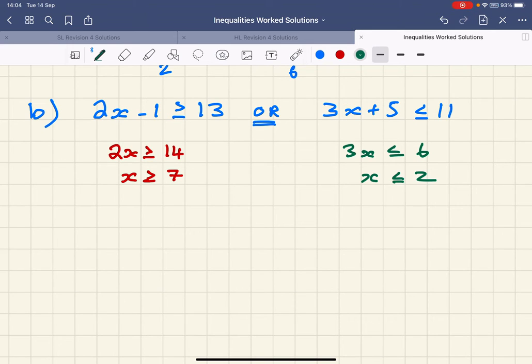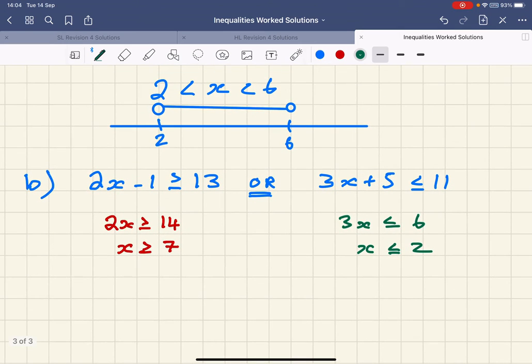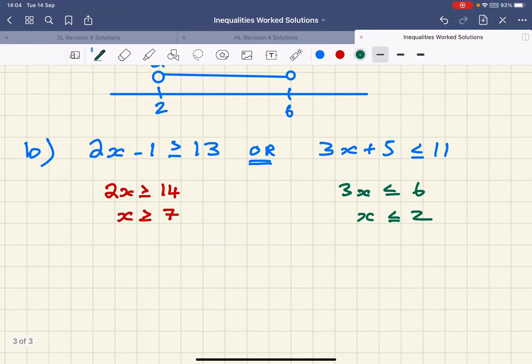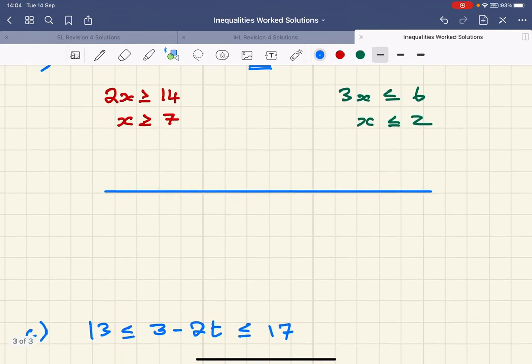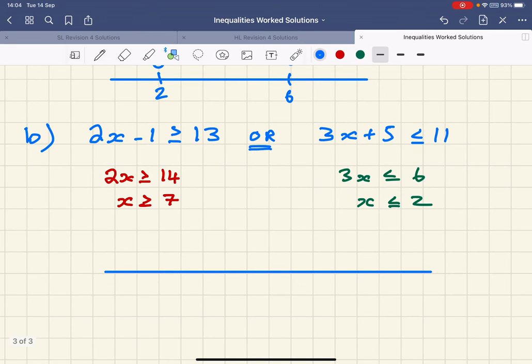Now what's happening here that's separate from the one above? The one above was between 2 and 6. On this one, if I was to draw a number line for this one here, I need to have the numbers 2 and 7 in, right? Let's get the numbers 2 and 7 into there.